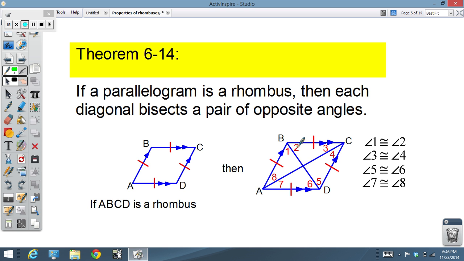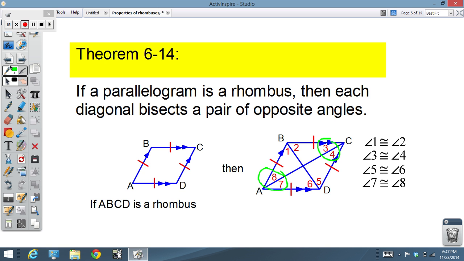If it is a rhombus, then each of the diagonals bisects a pair of opposite angles. In other words, the diagonals bisect B and D, which means 1 is congruent to 2, 6 is congruent to 5. The other diagonal bisects A and C, which means it splits those into congruent halves.